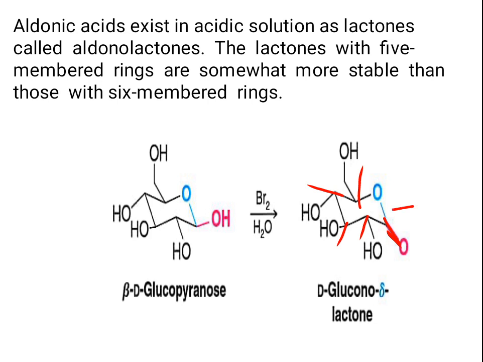Now this oxygen is connected with the 4th carbon, that means the delta carbon. That's why this is a delta lactone. So I hope you can understand how to do the nomenclature. Alpha, beta, gamma, and this one is the delta.